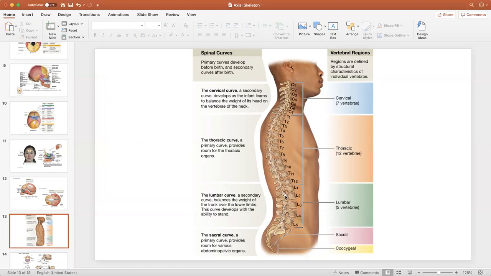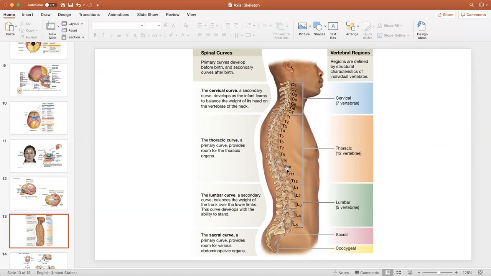We look at our front-to-back curves. The primary curves are the ones we're born with. When we see an infant, they're always curled up in that C shape. The C-shaped curves that remain are the thoracic curve and the sacral curve. Those are our primary curves.